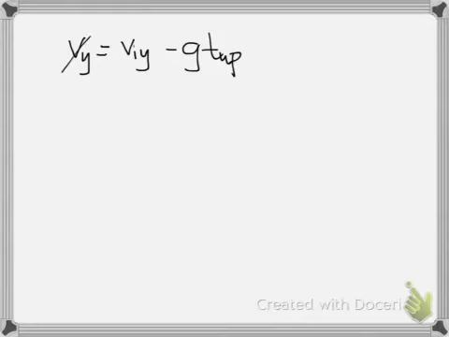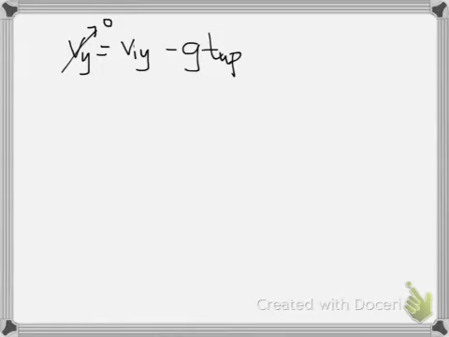If we rewrite that equation, that's going to be Vy equals V initial y minus g t up, which is your maximum height. So this is 0, and this is 6.1 meters per second.